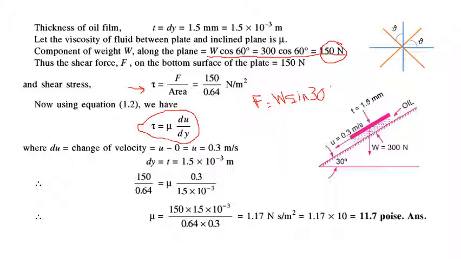Now substitute the values of du and dy, and just rearrange and simplify to get dynamic viscosity. This will be Newton second per meter square. You can multiply it by 10 to get it in poise. Hopefully you will be able to do it.